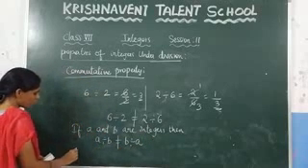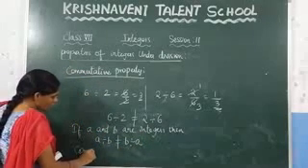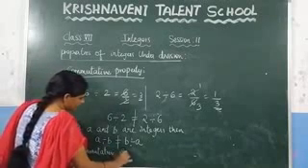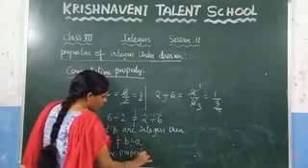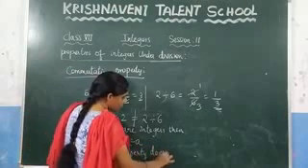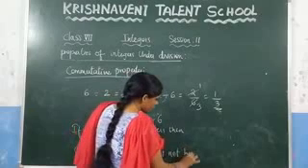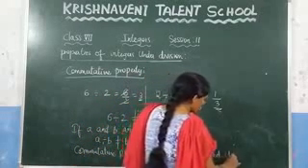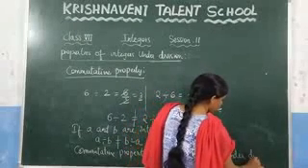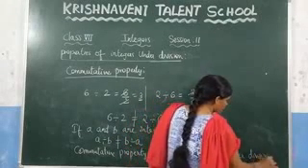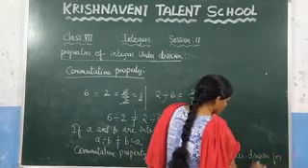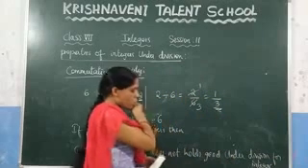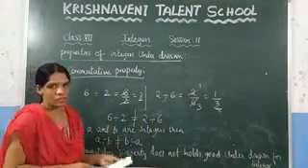So from this we can say commutative property does not hold good under which operation? Under division. For which number system? For integers. This is about the commutative property under division.